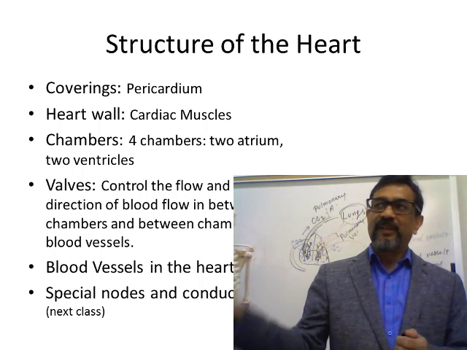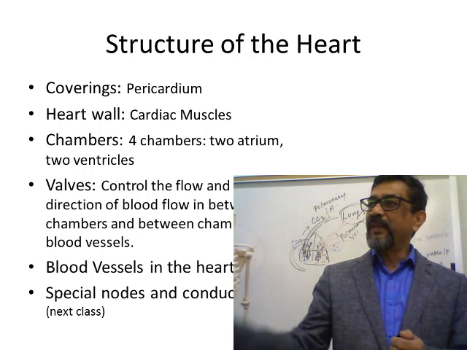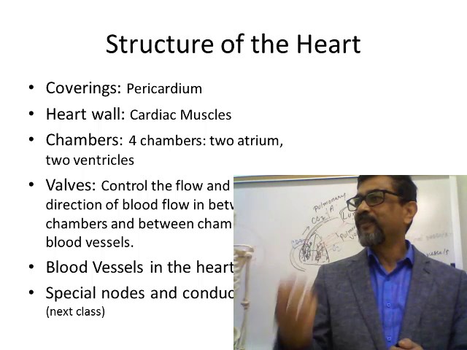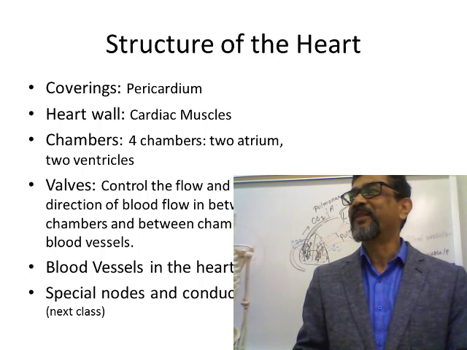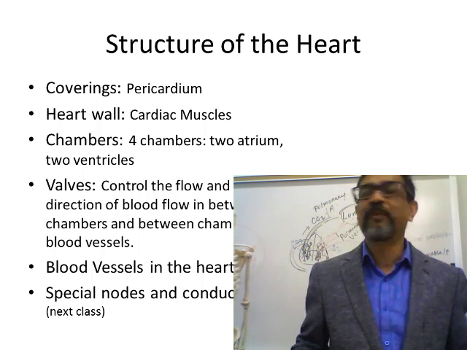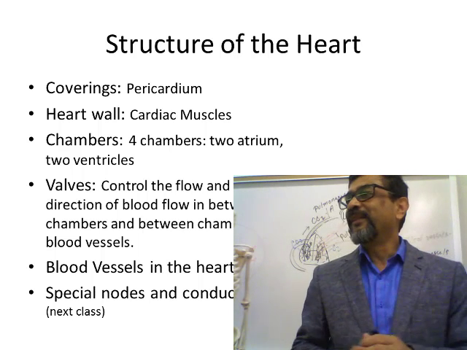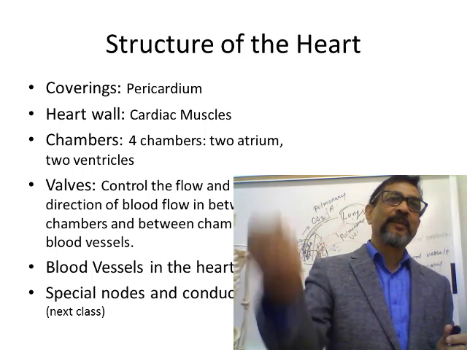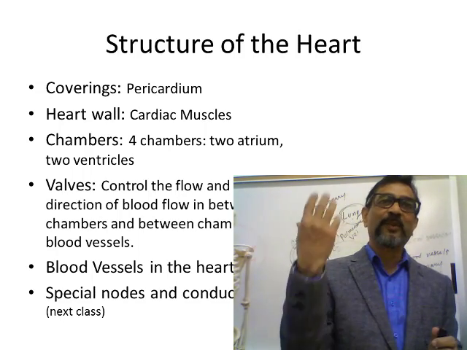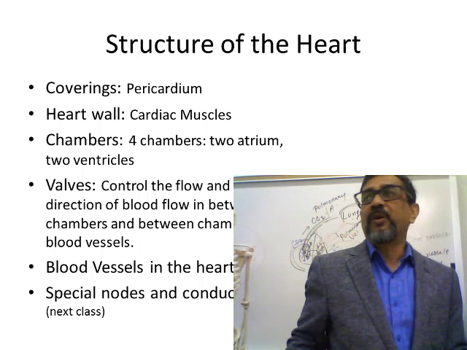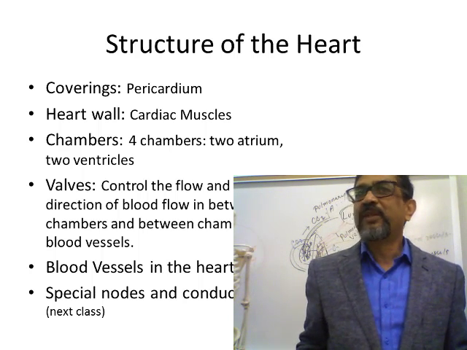There is another node called the AV node. So just know that those are the nodes inside the heart, right? The function is what? Producing electrical signal or impulse, right? And that signal must be transmitted throughout the heart.